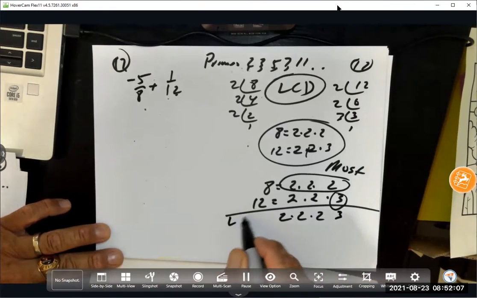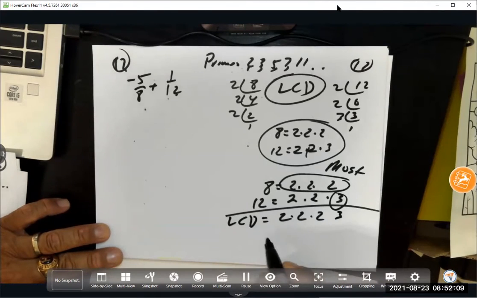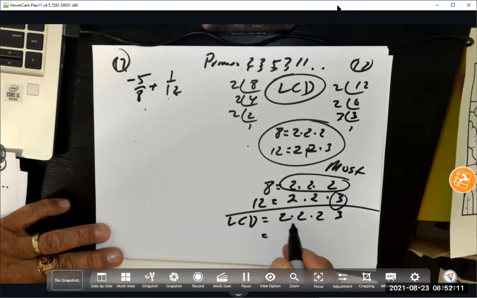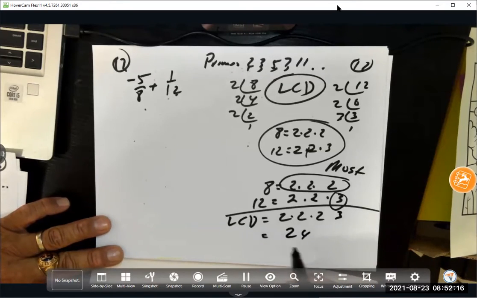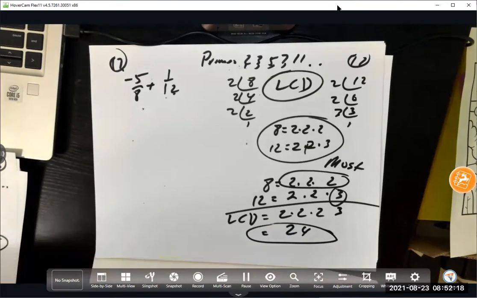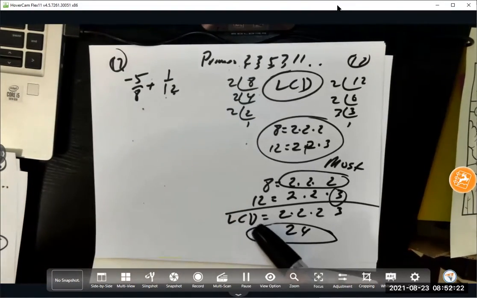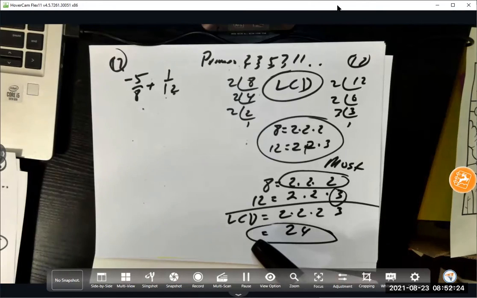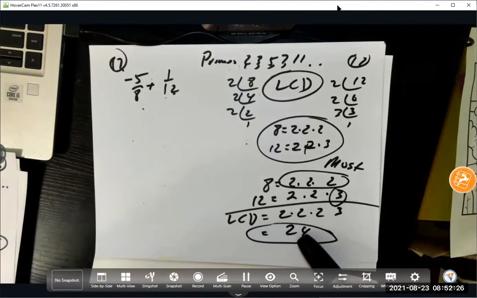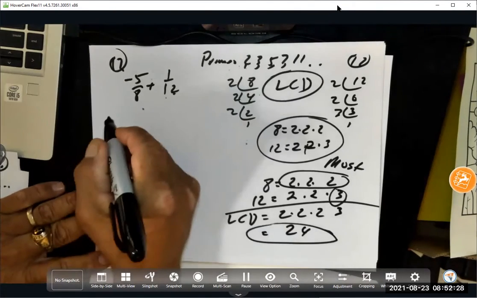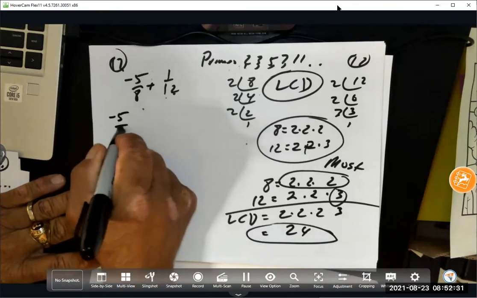All right, so now the LCD is this number right here. And what is this number going to be? 2 times 2 is 4, times 2 is 8, times 3 is 24. So the LCD has to be what? 24. If they're both 24s, you can put them together. Now, there's bigger ones. This is the lowest one, but there's also bigger ones, right? But I just want to use 24. So the way you do this is go like this.